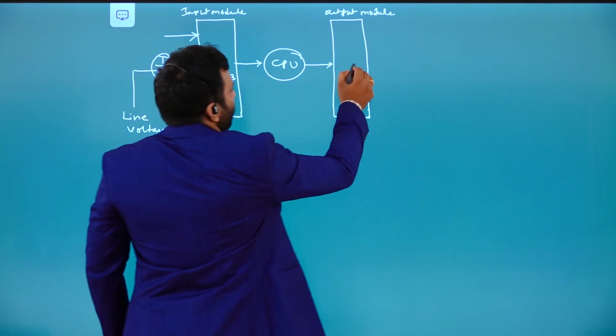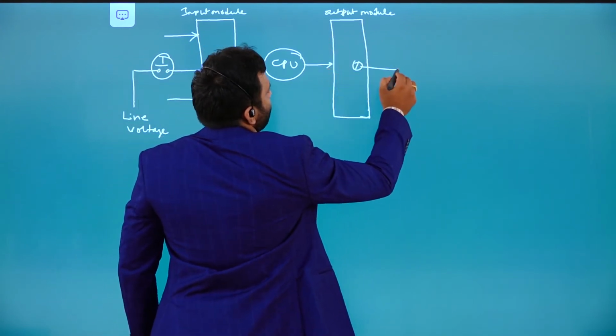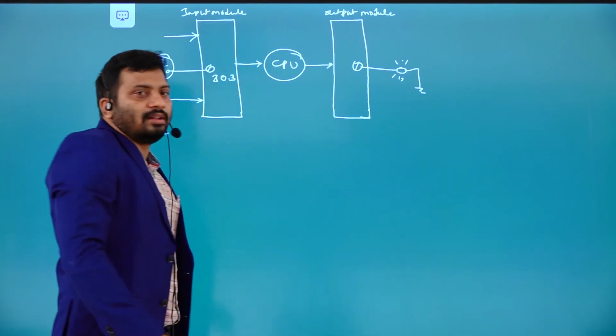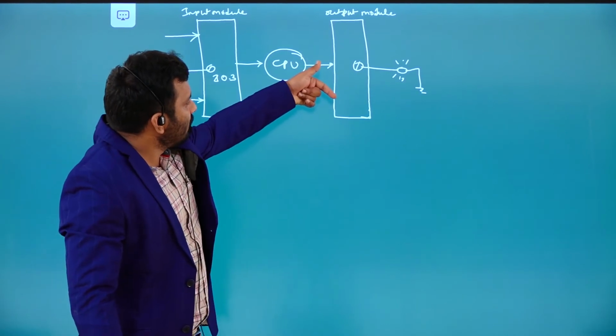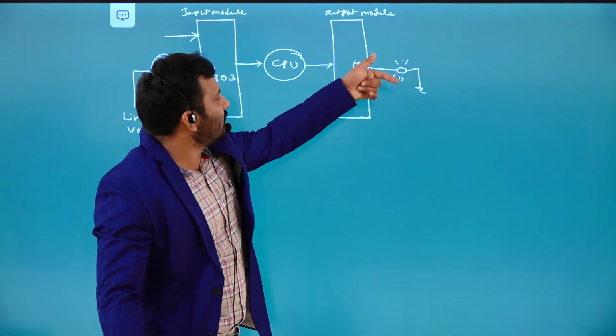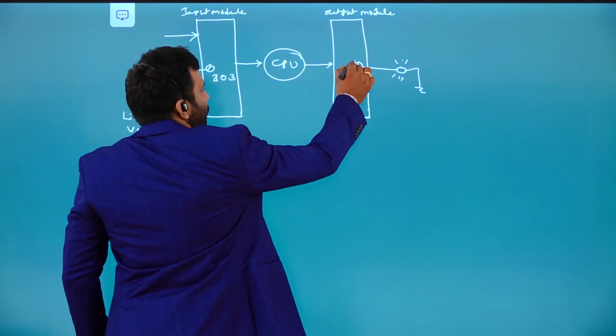So one terminal of this particular output module is going to be connected with, for example, some light I connected here. Depending upon the number of terminals, for example, if it is an 8 terminal output module, you can connect 8 output devices to the 8 terminals of the output module. Somewhere it's connected, so what is its address?